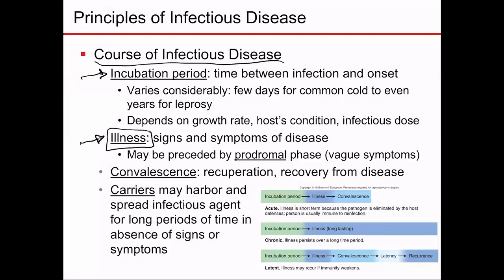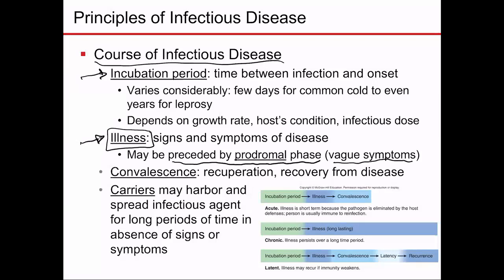Now, for some infectious diseases, this phase of illness could be preceded by something that we call the prodromal phase. The prodromal phase is a phase of very vague symptoms where the person is just not feeling comfortable.